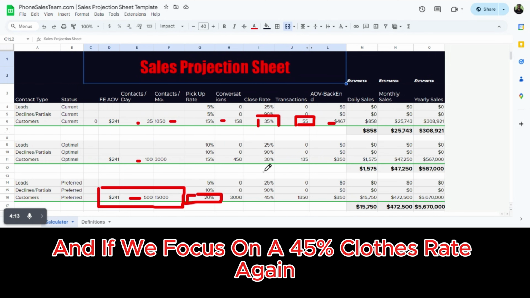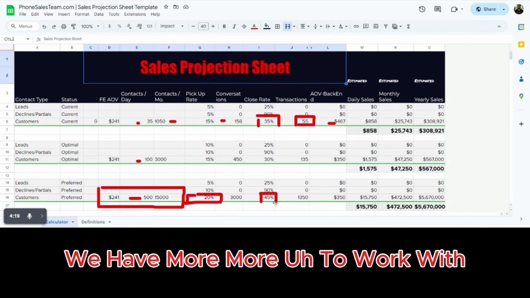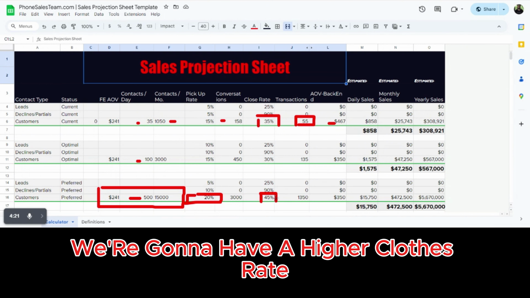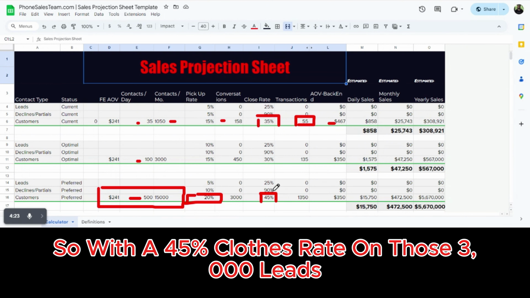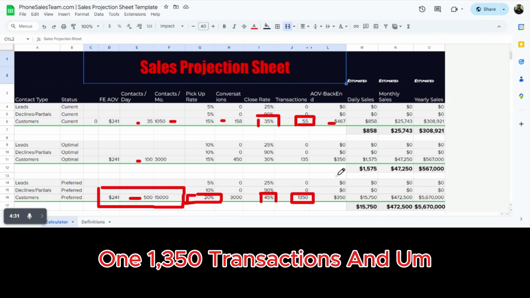And if we focus on a 45% close rate, again, because we have more leads to work with, we're going to have a higher close rate. With a 45% close rate on those 3,000 leads, we're going to be creating 1,350 orders, 1,350 transactions.